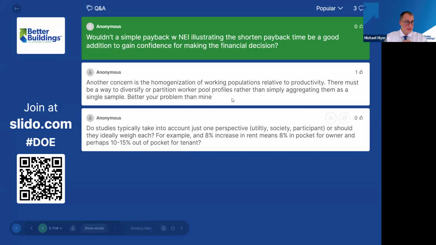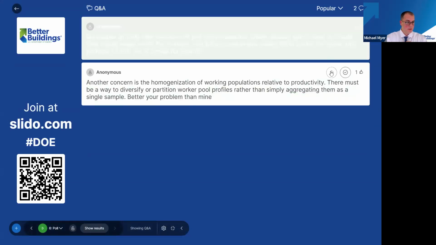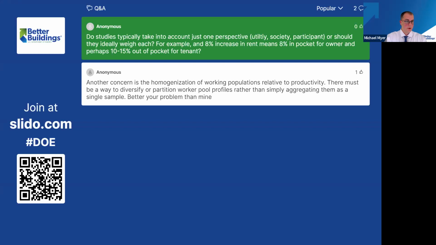Do studies typically take into account just one perspective, or should they ideally, for example, consider an increase from a measure of 8% in pocket for the owner and perhaps 10% out of pocket for the tenant? I'm sorry, I read that quietly to myself. I think that's a great question, and a prime example of why it's called an NEI that I hadn't thought about.